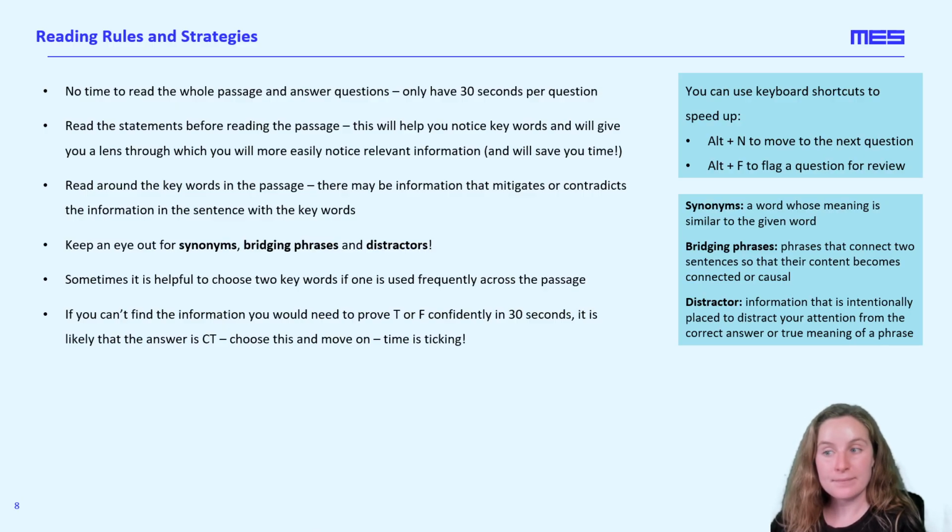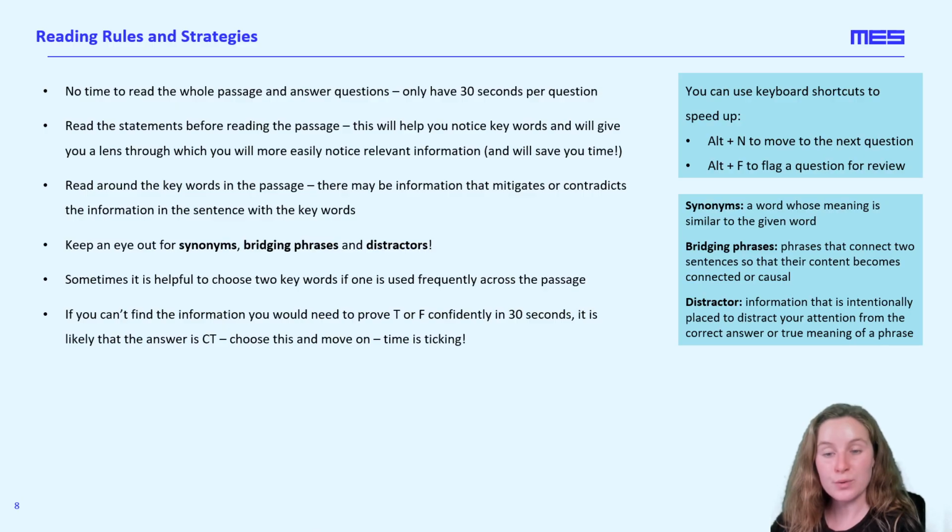Another reading strategy is to sometimes keep two keywords at play in a question. For example, keeping a date, if a specific date is asked about several times in the passage, or a specific capitalized word or topic is repeated quite frequently across the passage.